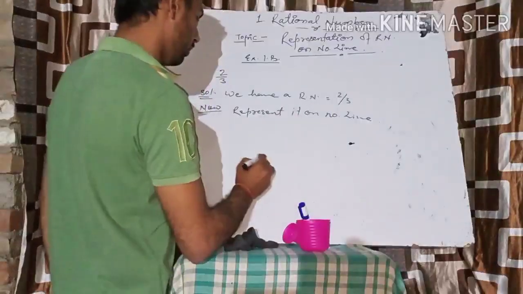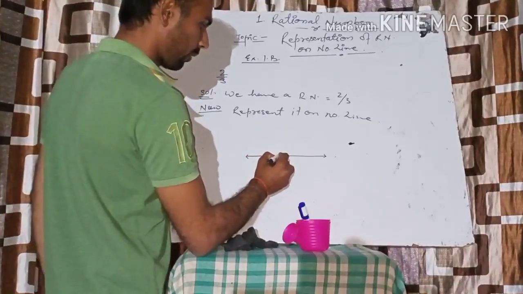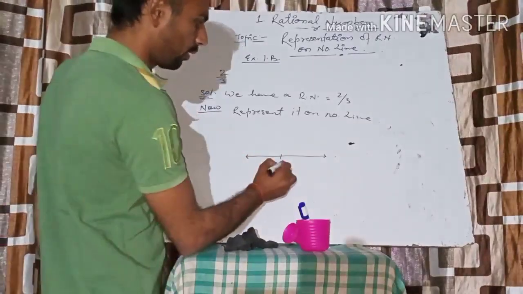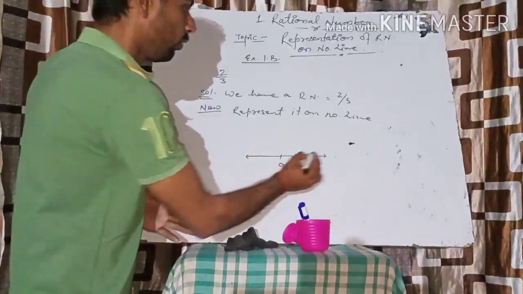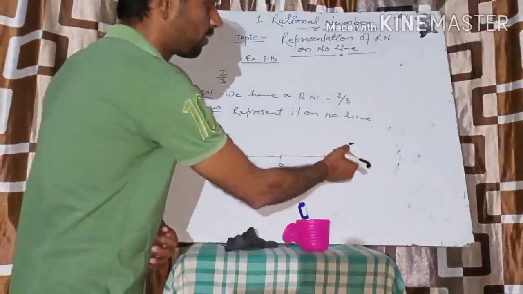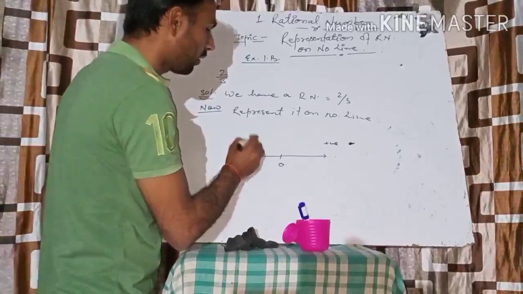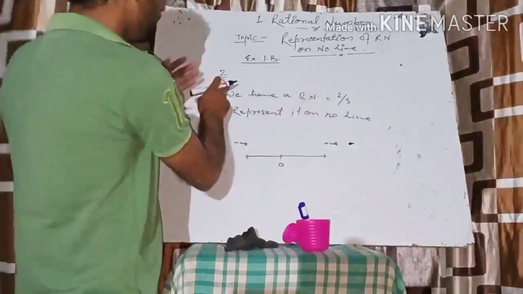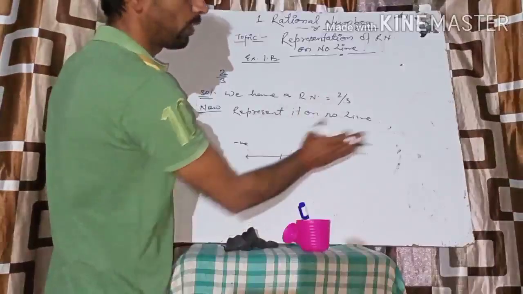Draw a number line and take 0 here. Which side do we represent 2 by 3? The right side, because the right side is always positive and the left side is always negative. Because 2 by 3 is a positive rational number, we will represent it on the right side.